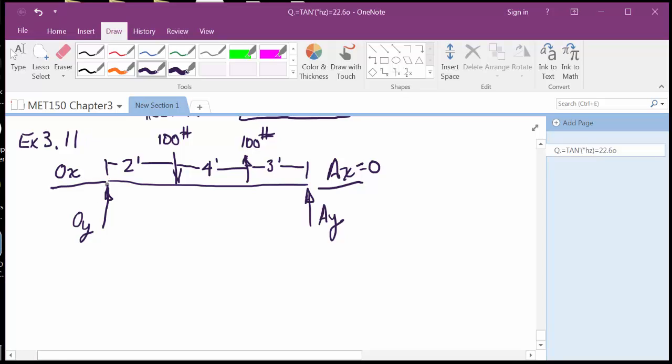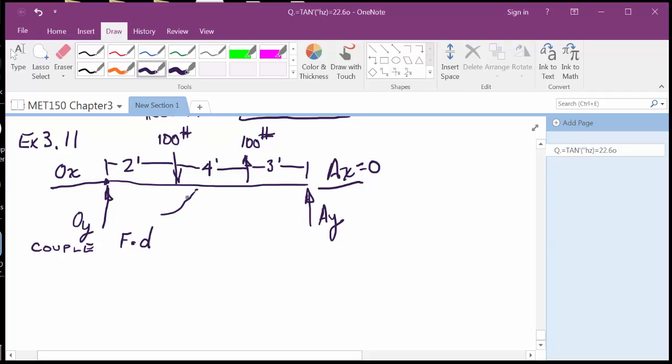If you want to do the moment for this, and I don't think it makes a bit of difference, you can do it based on a couple. It's going to be the force times the distance.